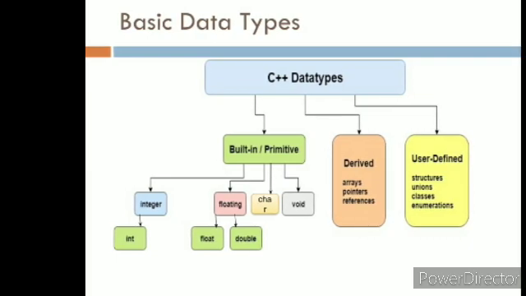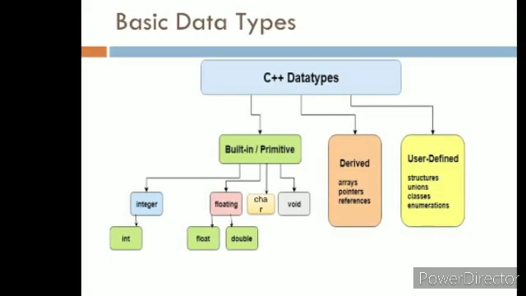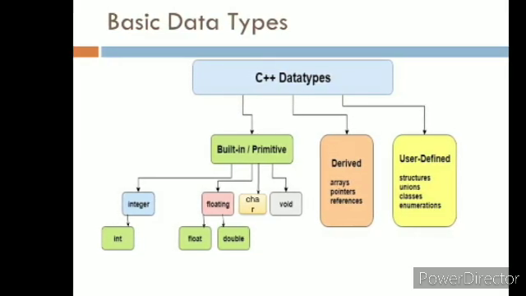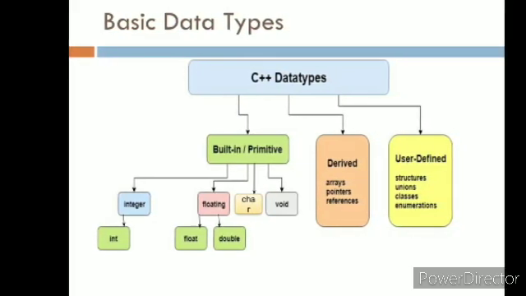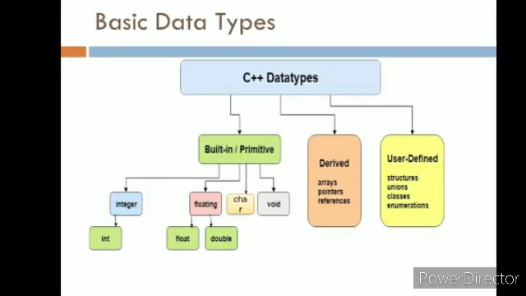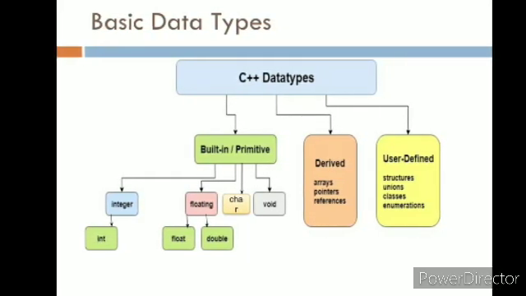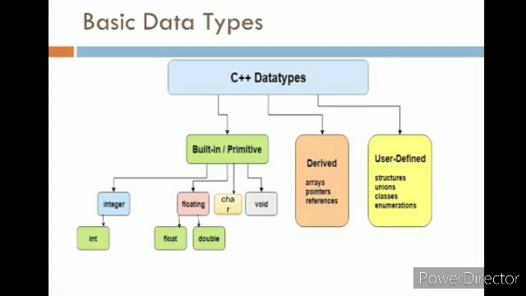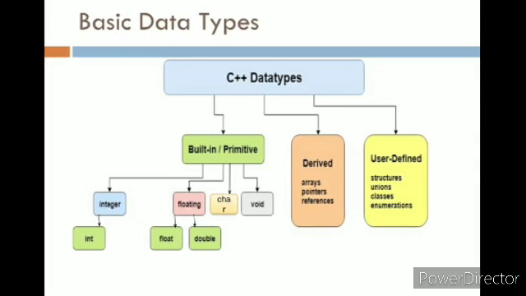Students, as we know, there are three main categories in data types. First one is a built-in data type or primitive data type. Second is derived data types. And third one is user-defined data types. Here, built-in data types include integer, float, character, and void data types.